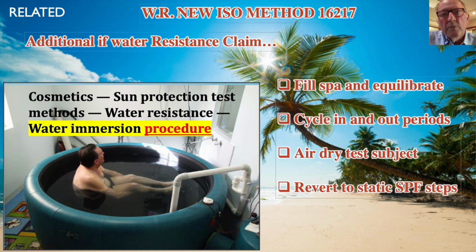So the 24444 reflects that and requires that step. If you were running a test, you would now defer to the water resistance step. You've applied the product, you're now going to challenge it in water. And we now talk about controlling how that water resistance testing challenge is performed.